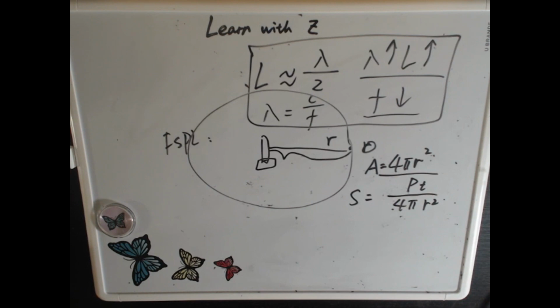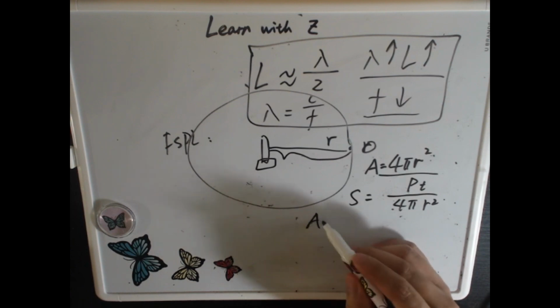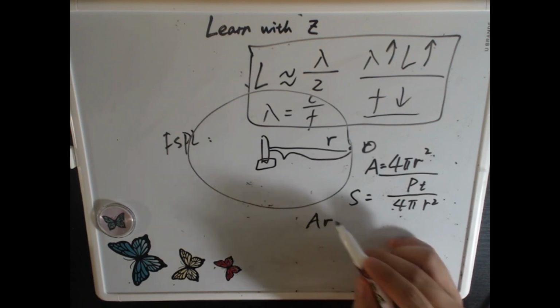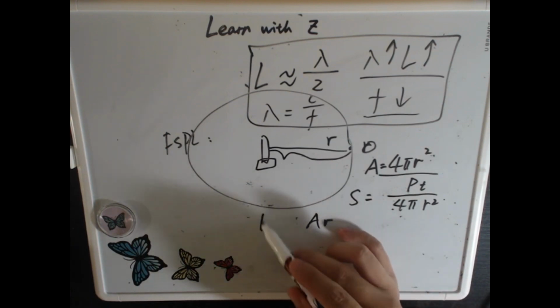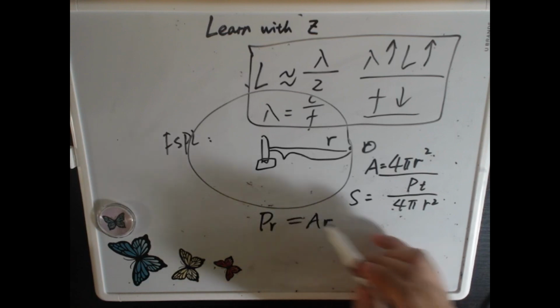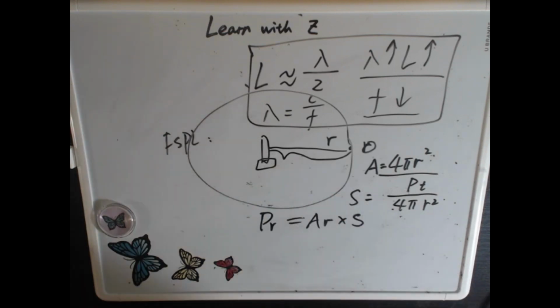But the receiving antenna will have an effective aperture. We call it AR. And this AR, we have something called PR, the power of receiving, right?